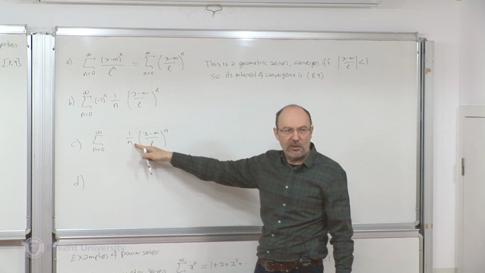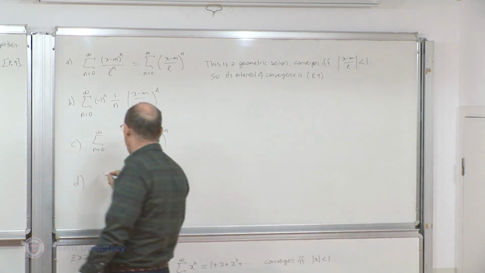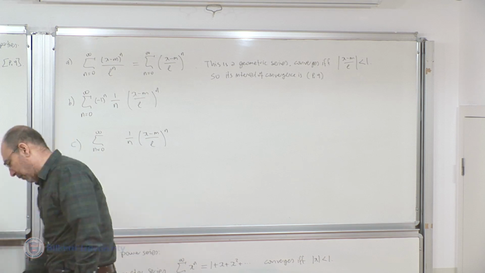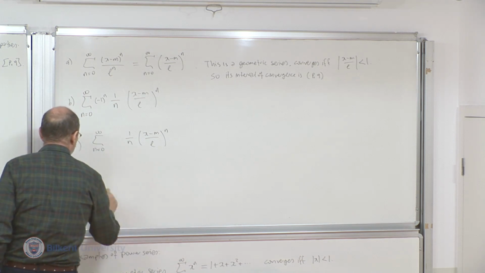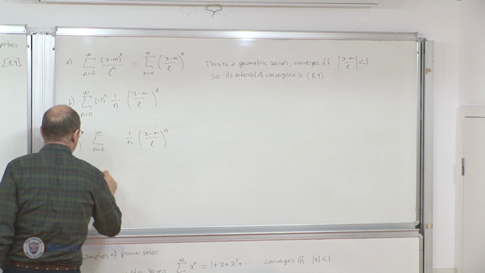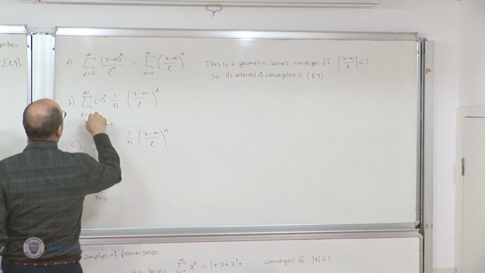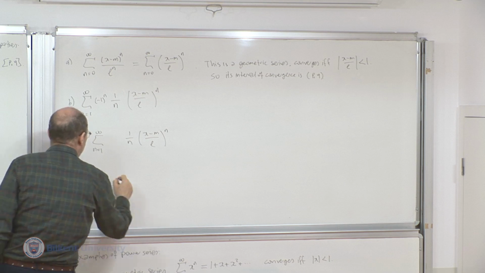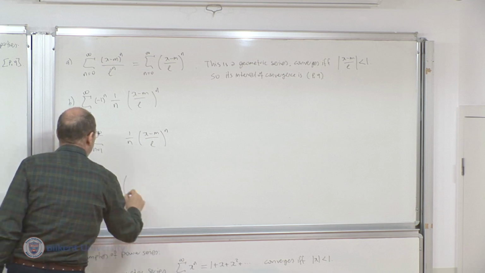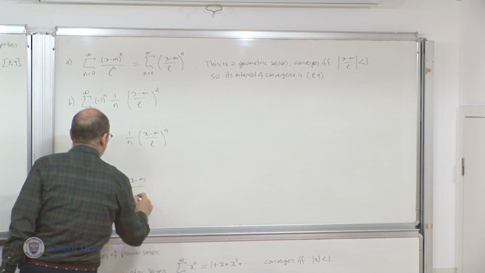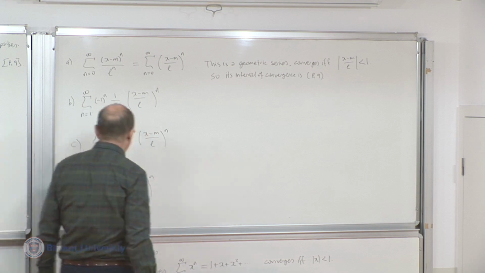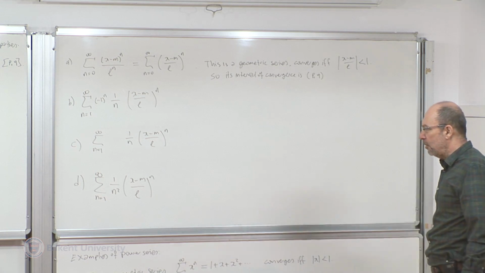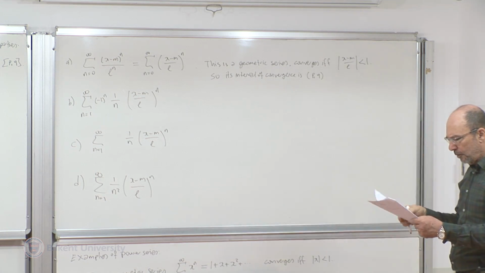So I make it n square. So this is the summation from n equals 1 of 1 over n square, times x minus m over l to the power n. Now this converges at the endpoints.